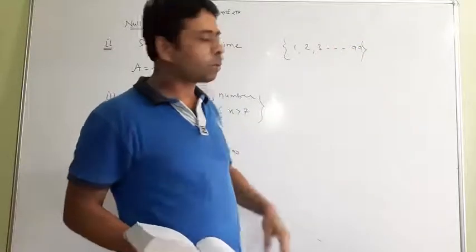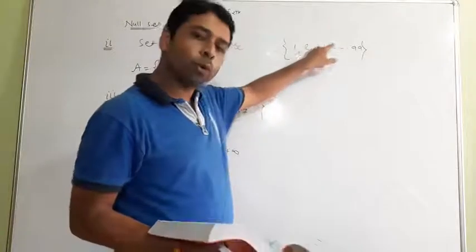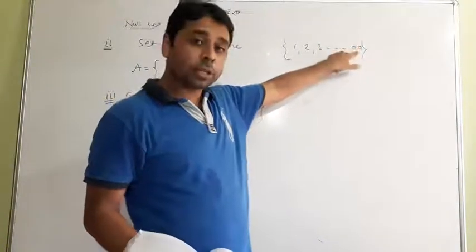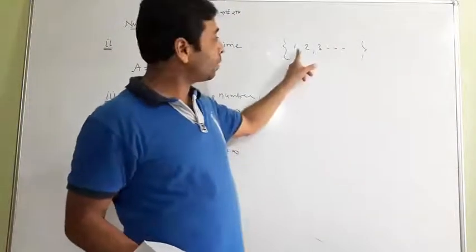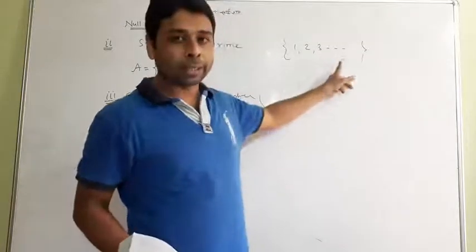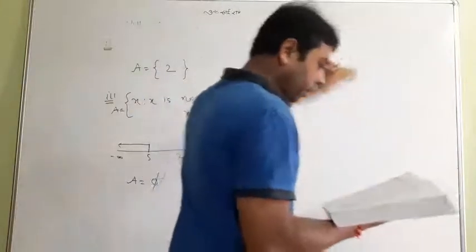Catch the sequence, 1, then 2, 3, 4, 5. You can drop elements, but if the last number is written, it is finite. If the last number is not there, like 1, 2, 3, 4, 5, which are natural numbers, then it is an infinite set. This is the thing I wanted to explain.